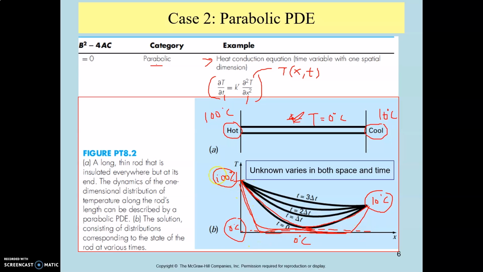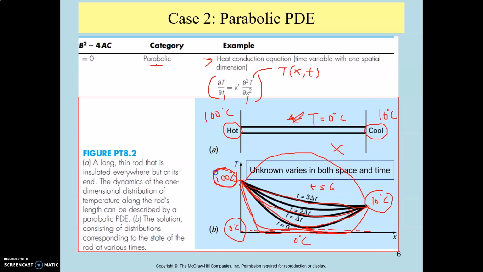When you supply the heat and cooling load, over the time the temperature will increase because it is hot here, and it will transfer and increase the temperature at the middle as well. So at time equal to 1, 2, 3 and so on, the temperature keeps increasing until it reaches the steady state. So over the time, t equal to 3, 4, 5, 6, you don't expect it to be like this, right?